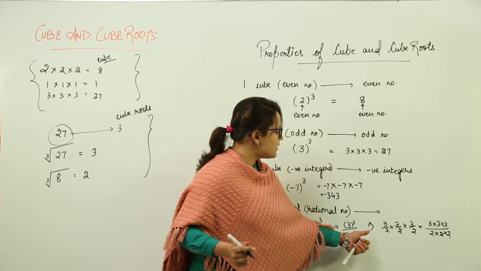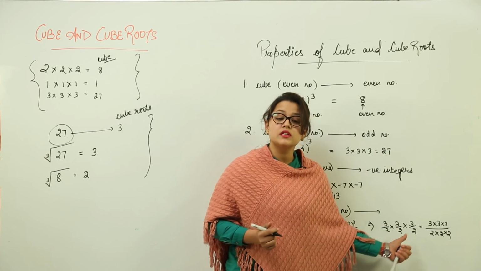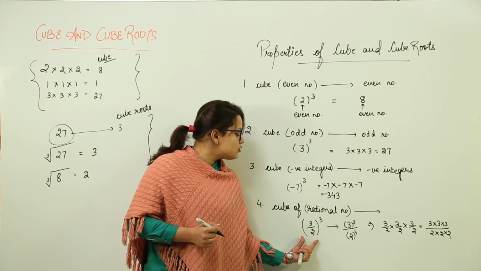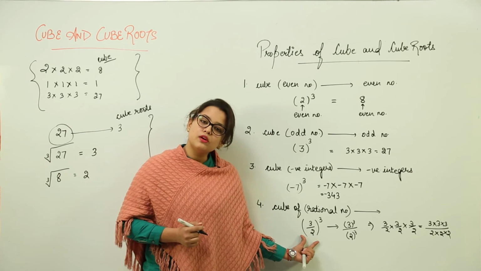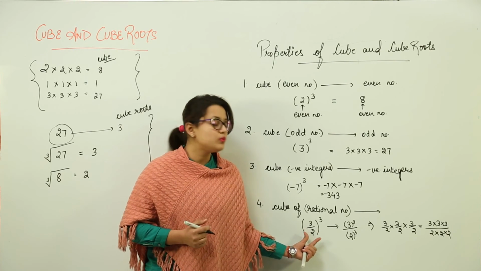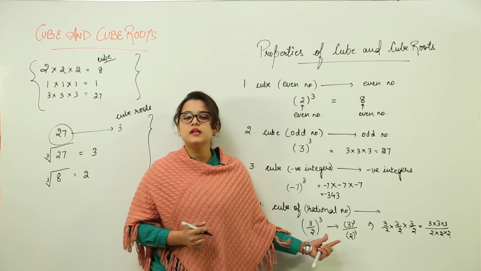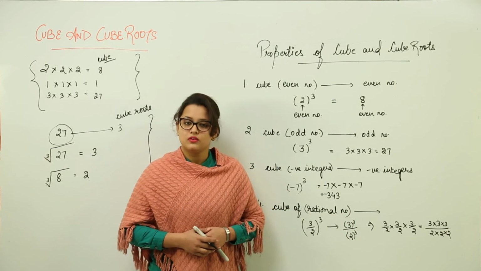Now you can see that the left hand side is equal to the right hand side. So we can say that whenever the cube of a rational number is to be done, to simplify it, we can take the cube of the numerator and the cube of the denominator separately. We will solve and get the answer, right?